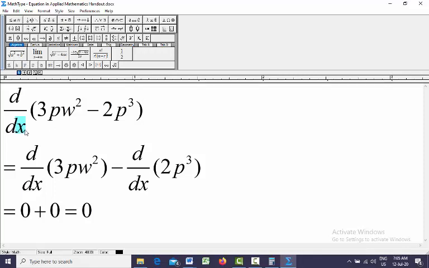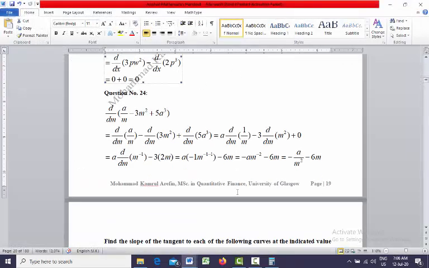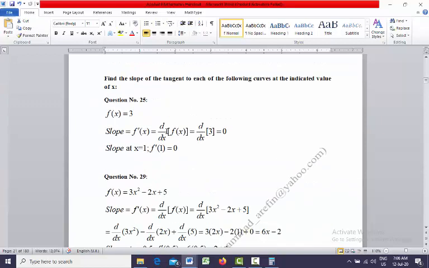So you need to do differentiation of this one with respect to x, where x is the variable. Since we do not have any variable inside, the answer is 0. Right. So you solve question number 24 at home. You can do it at home, I know.